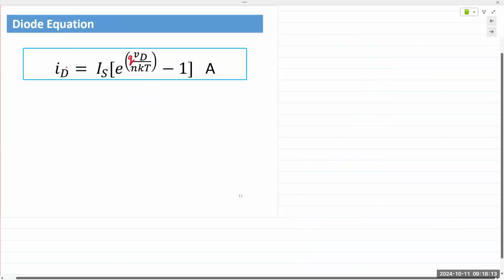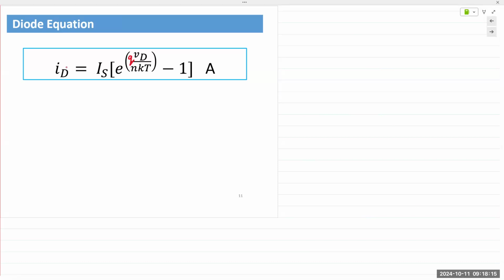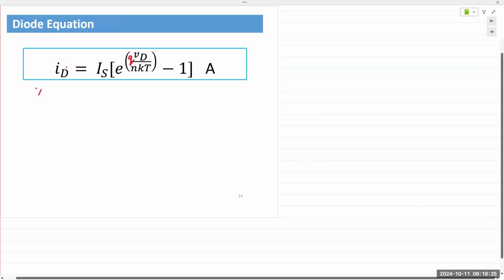Now, depending on how many variables we have, how many terms we have, we are better able to describe our diode conditions. In this case, we have quite a few. So diode current ID is given by the saturation current times the exponent of the diode voltage.